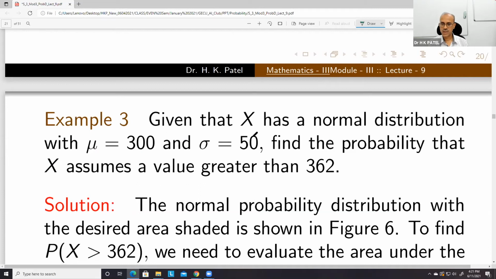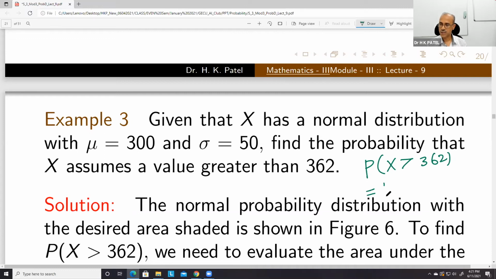So X has normal distribution, mu is 300, sigma is 50. Find the probability that X assumes a value greater than 362. Okay, so here we want P(X > 362).